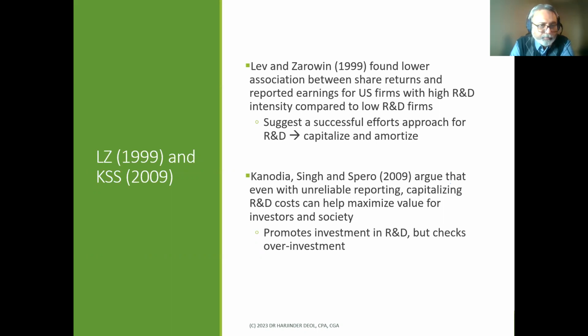Either they'll find oil, and if so, they will then start earning revenues, and they will start amortizing the capitalized exploration cost. And so over time, they will start expensing those exploration costs against revenues. It's a matter of timing.